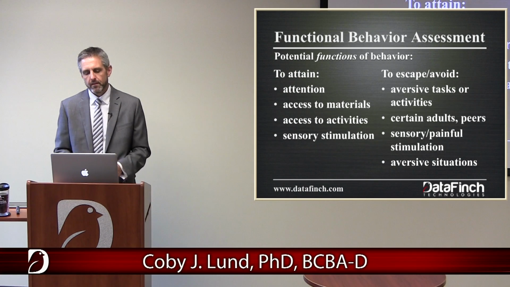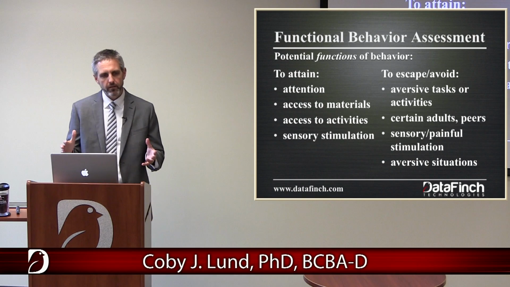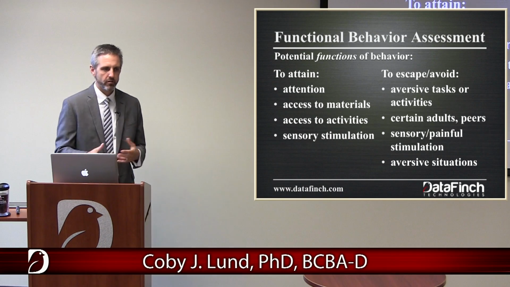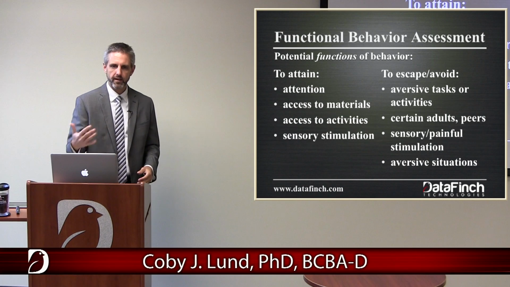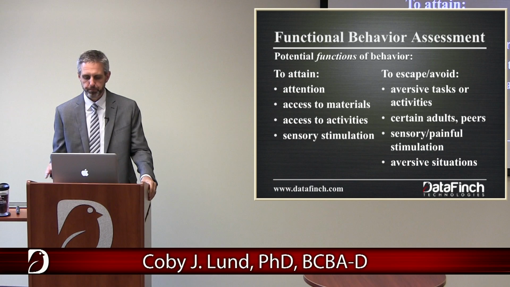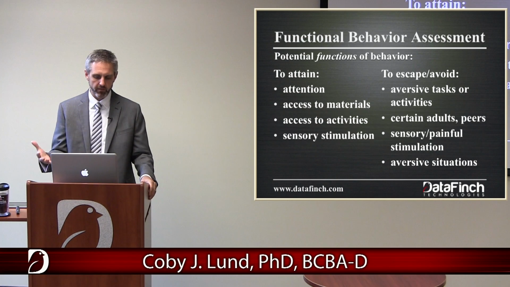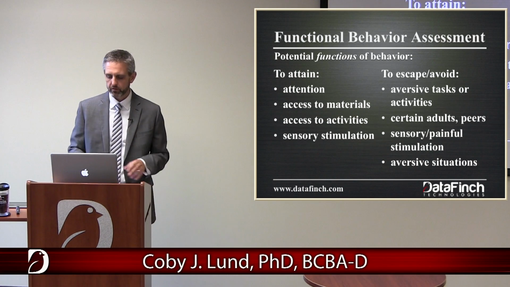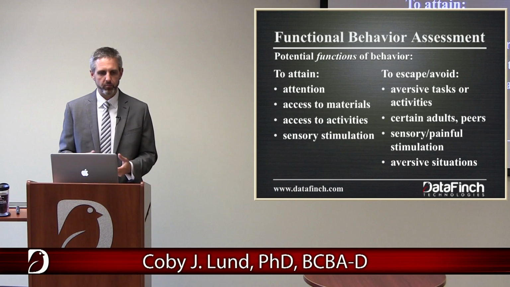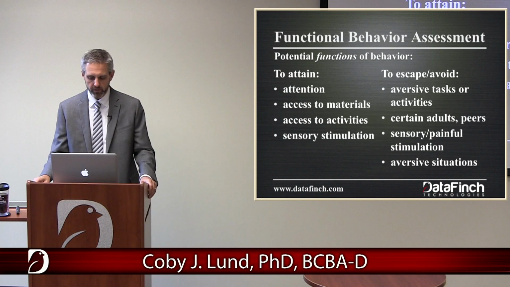look like. Okay, so when you do a functional assessment, and when you use these indirect and descriptive tools to do your assessment, what you're assessing or what you're looking for includes why behaviors are occurring, or what seems to be the function of this particular behavior.